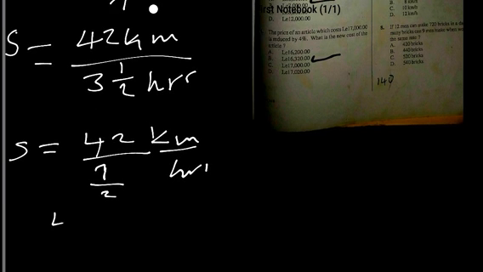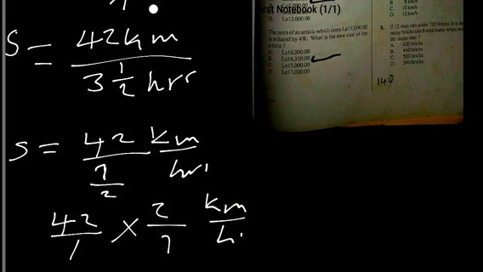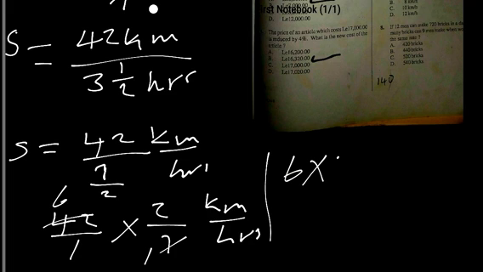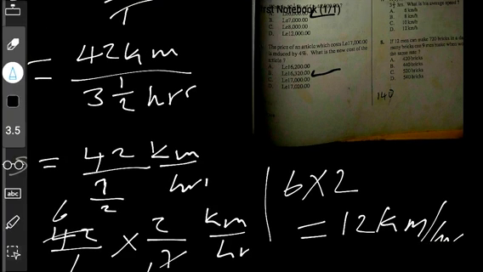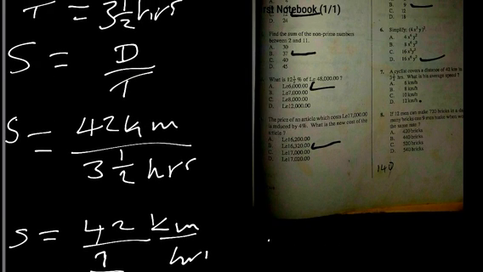So we are going to have 42 over 1 multiplied by 2 over 7. 7 here is 1 times, 7 here is definitely 6 times. So 6 multiplied by 2 will be equal to 12 kilometer per hour. So our correct option for this question is D, 12 kilometer per hour.